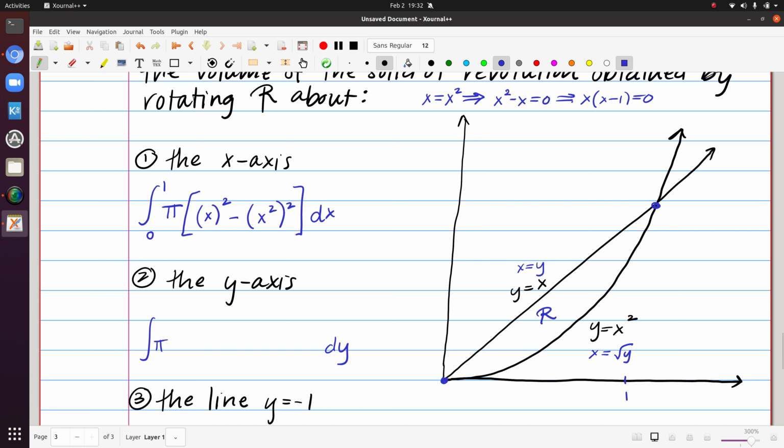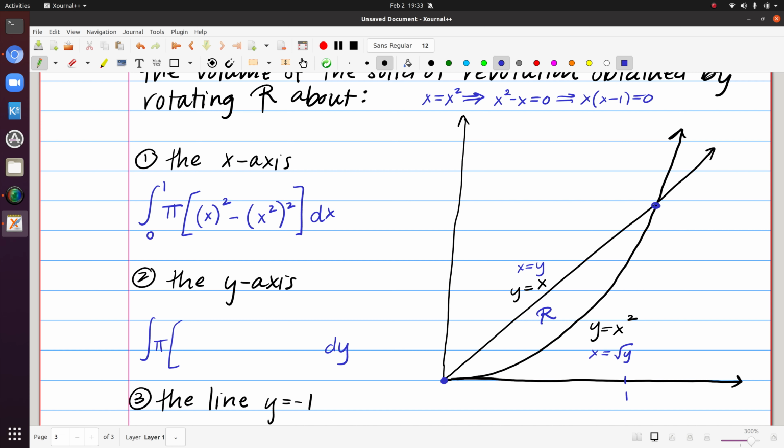So now what we see, and that I wasn't able to emphasize in my general picture above, notice that which function is playing the role of the outer function actually swaps here. So now if I'm looking at the y-axis, the function y equals x squared is the one that's further away.